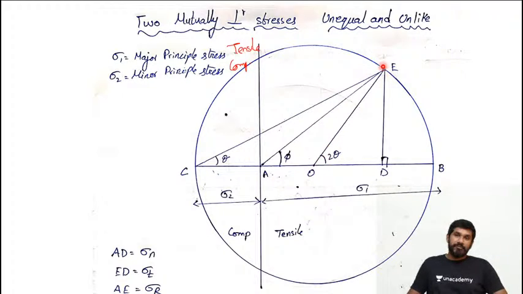From the point E, draw a vertical line up to D, and from E, join C and A. Now again, AE represents the resultant stress, AD represents the normal stress, ED represents the tangential or shear stress, right? Great.